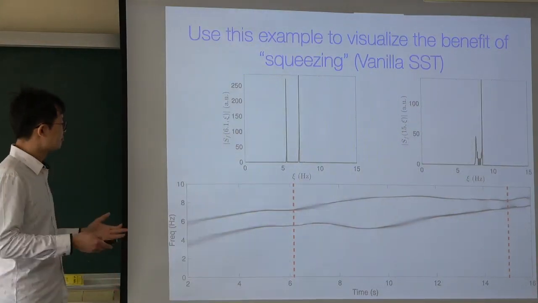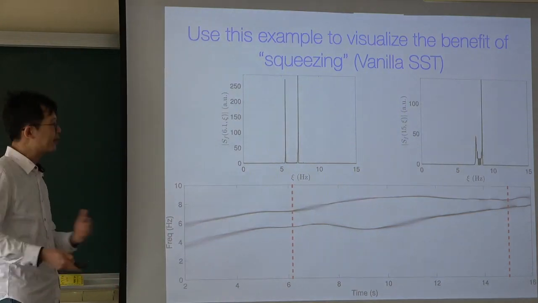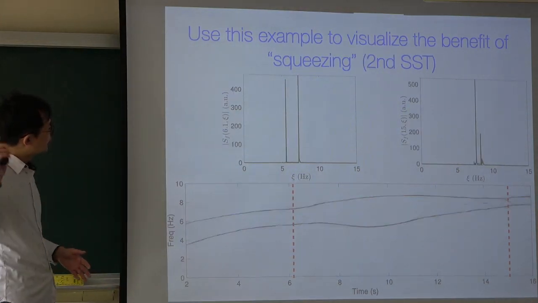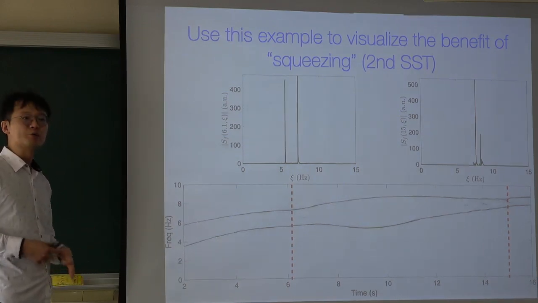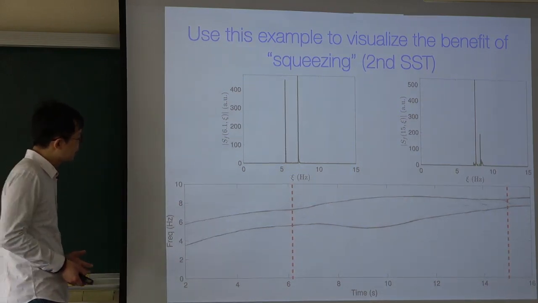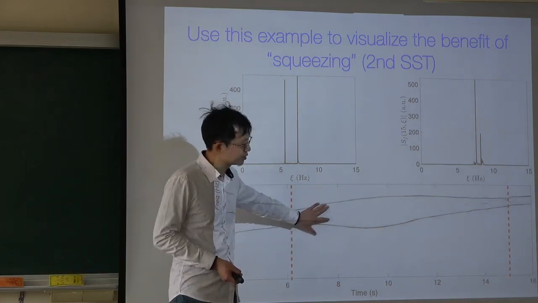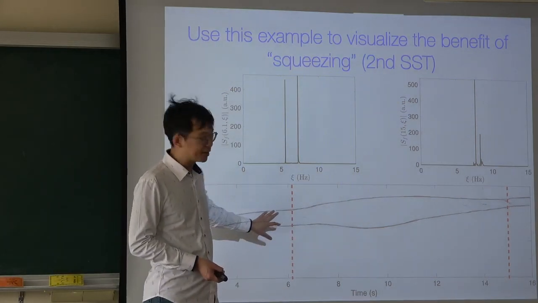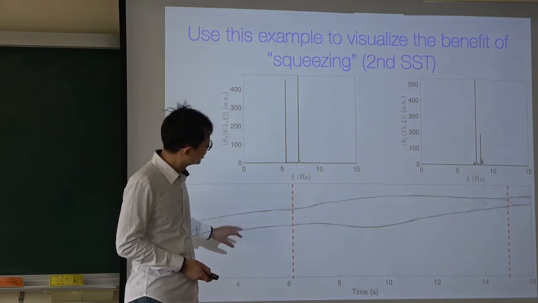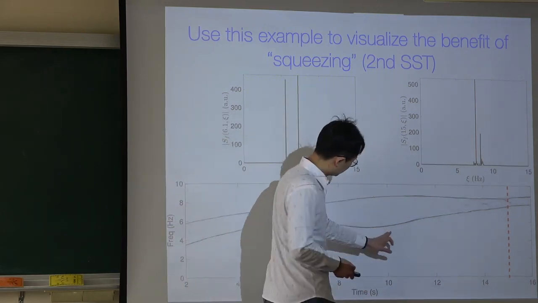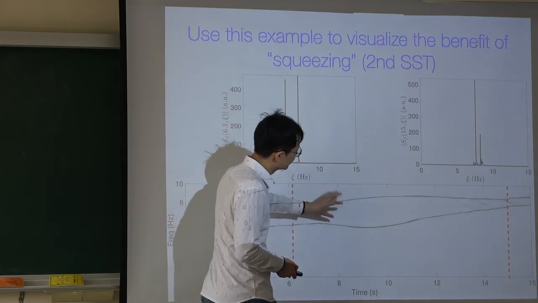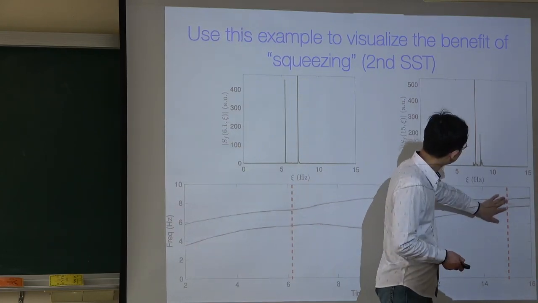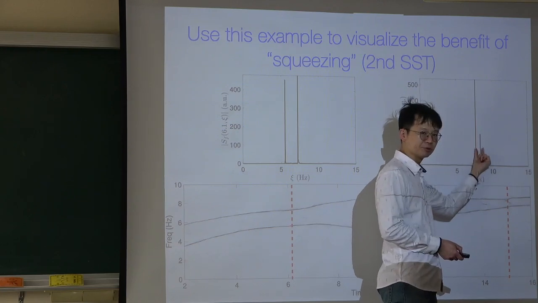But because of the phase issue and so on, if we consider further using the second order synchro squeezing by taking the group delay into account, then the plot is, I would say, much better, isn't it? For example, over this region and this region, the spreading has been reduced, and in the end, they are very well separated. You can see a very beautiful two spikes.